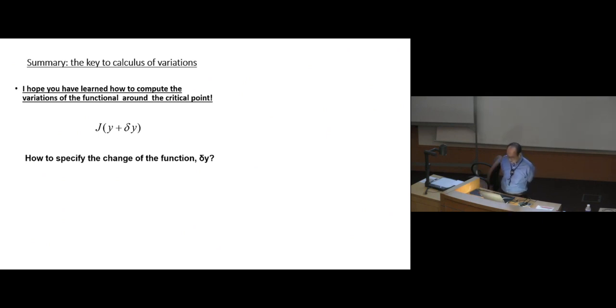The most important trick is to find out a way to specify the change of the function delta y. How do we express the change of the function delta y? You pick any direction, right? and then you put a parameter epsilon to control the size of the change, epsilon times any function.